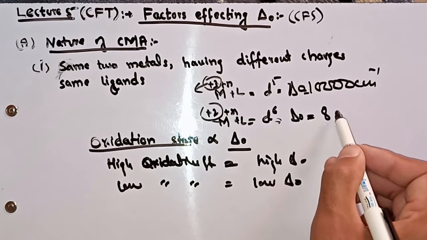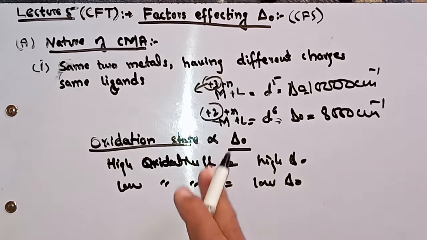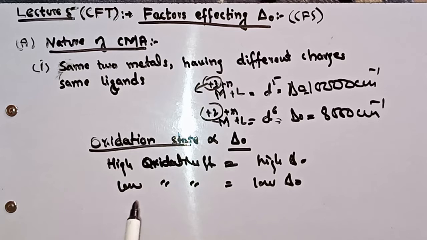Let's suppose it is 1000 centimeter inverse. That means the higher the oxidation state, the higher the crystal field splitting. Crystal field splitting is directly proportional to oxidation state.